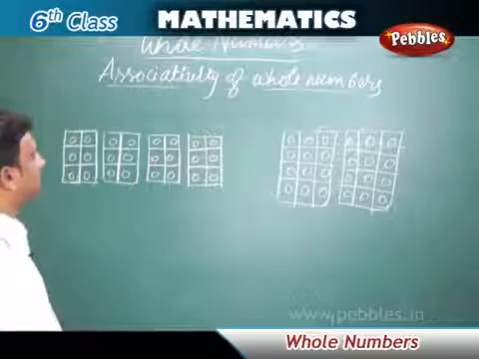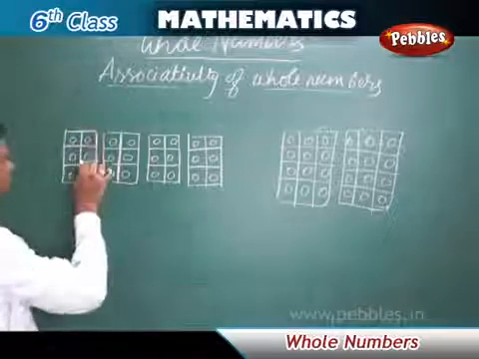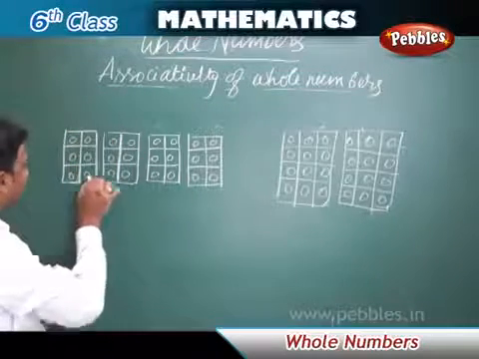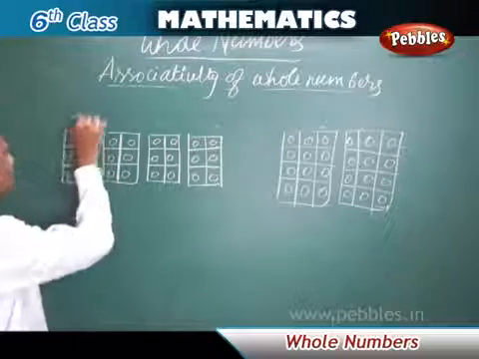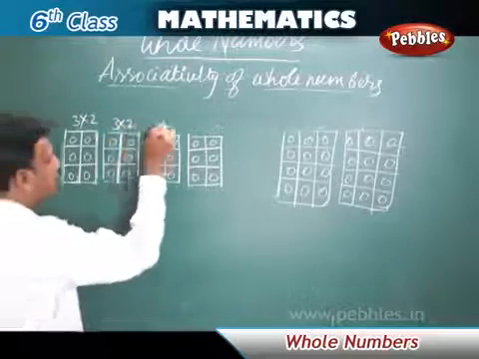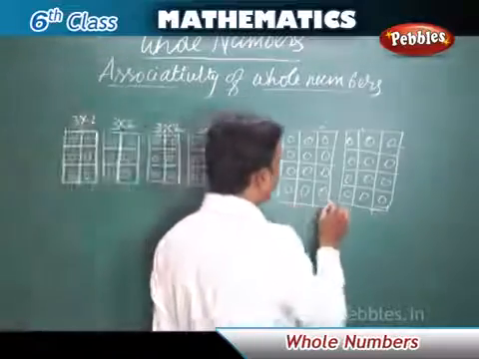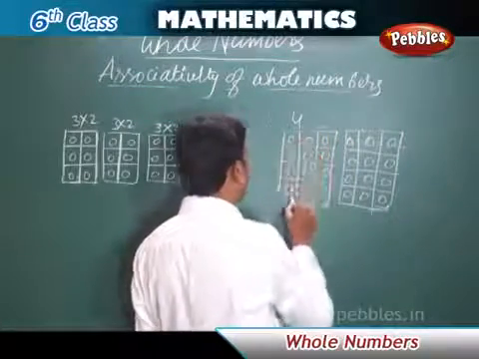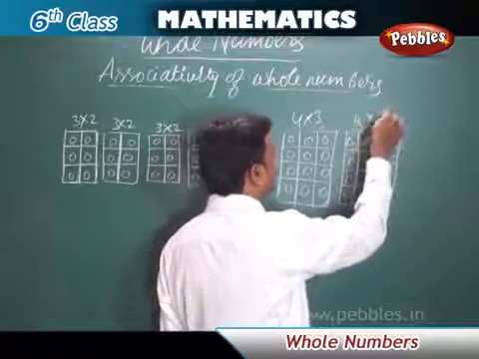Let us see the associativity of multiplication for whole numbers. Here we have some dots arranged in a box. This box has 2 columns and 3 dots in each column. 3 into 2, 3 into 2, 3 into 2, 3 into 2. And in the same way, here is a different arrangement. 4 dots in each column, 3 columns, 4 into 3.